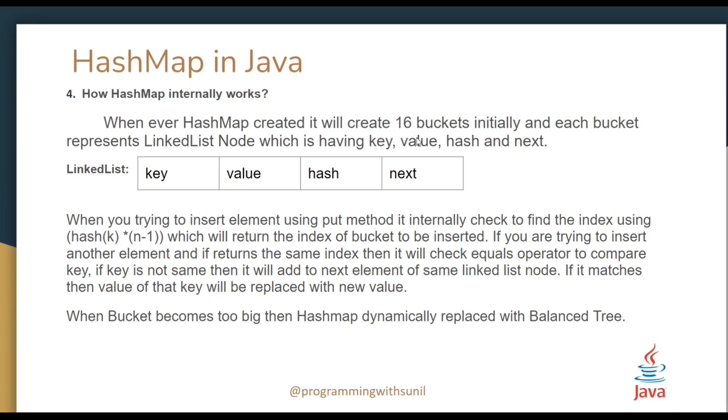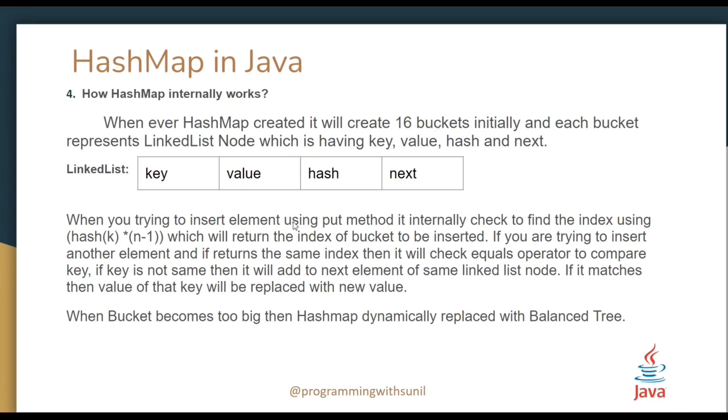The pictorial view I will explain in the next slide. First of all, let me explain the theory of it. Each bucket represents a linked list node. The node has key, value, hash, and next. So each bucket will have one linked list represented with that node.